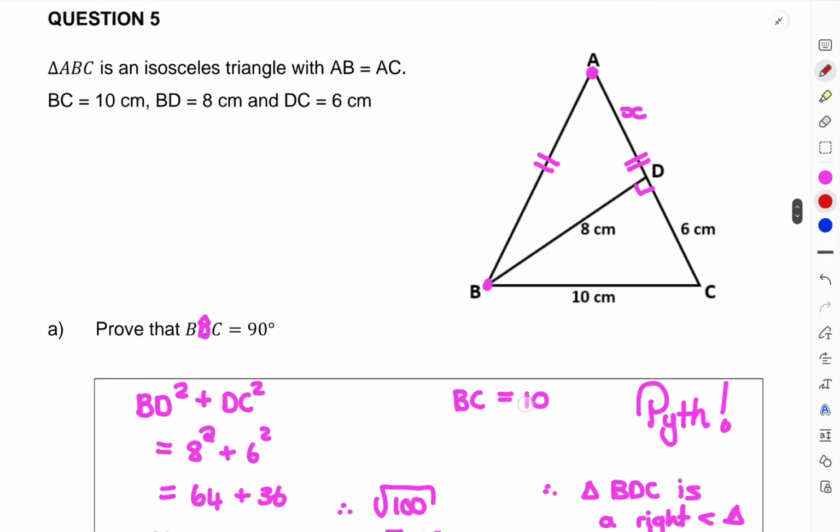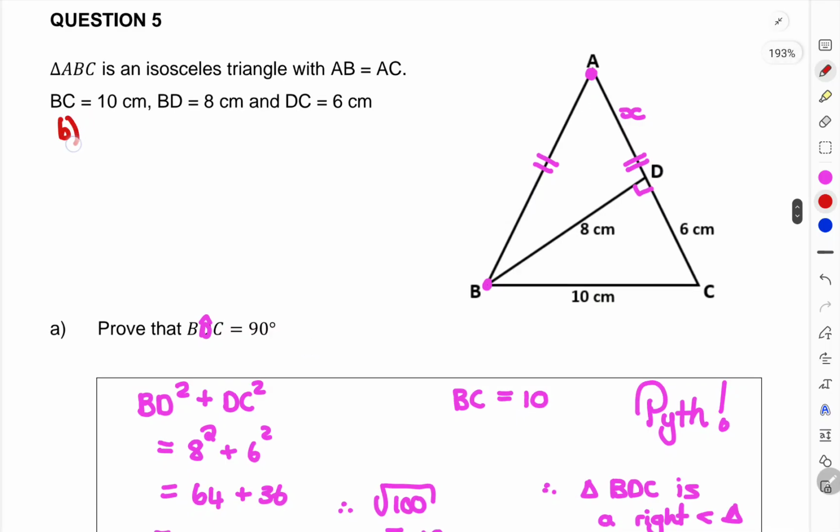So calculate AB. We know AB is the same as AC. So if I can get AC's value, then I know that it is equal to AB's value. So basically what I need to get is this X over here.